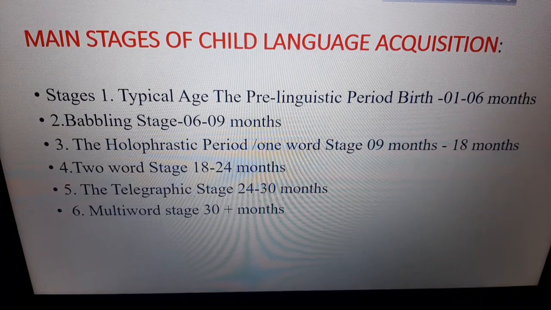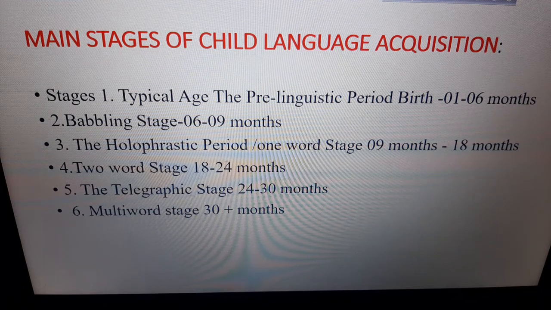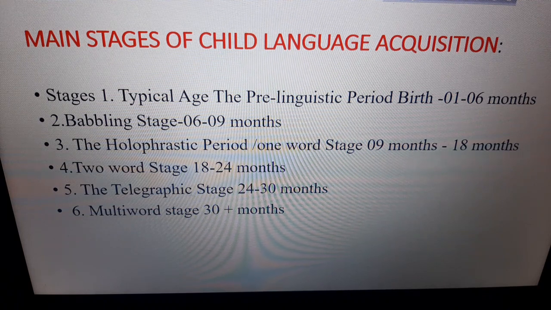Main stages of child language acquisition. There are 6 stages. Number 1, the pre-linguistic period, from birth, that is month 1, to 6 months, or it may continue up to 10 months. Number 2, babbling stage, 6 to 9 months.